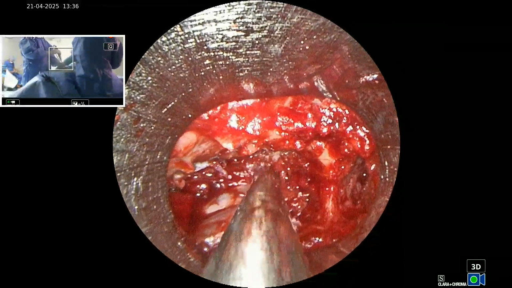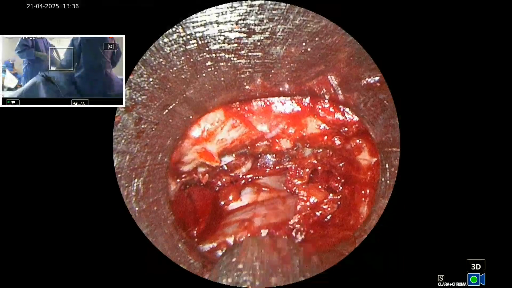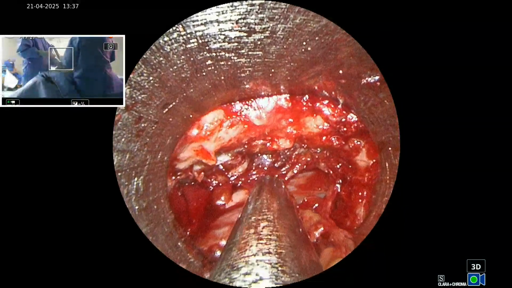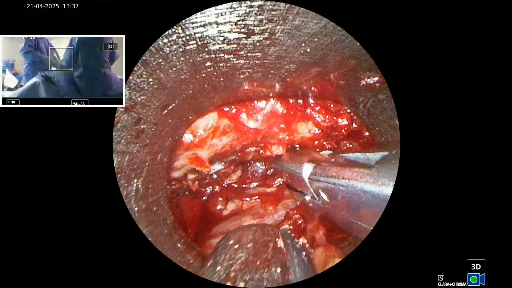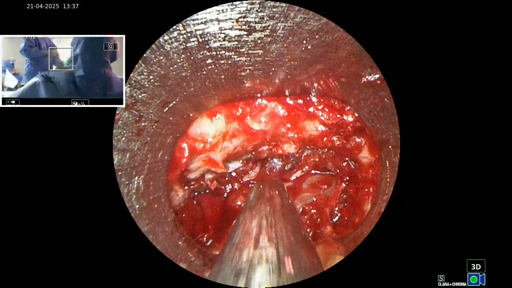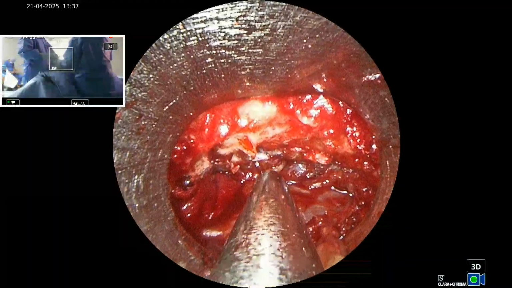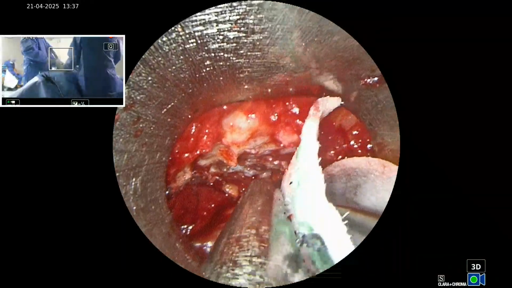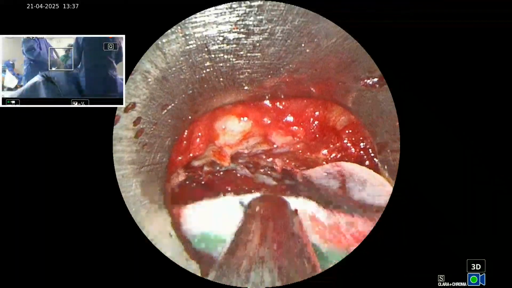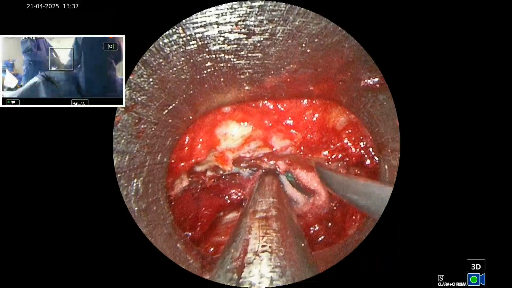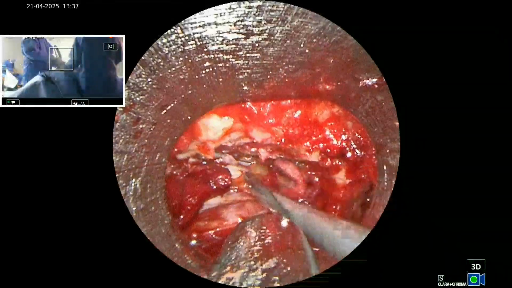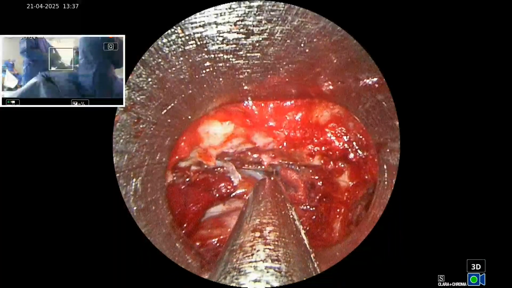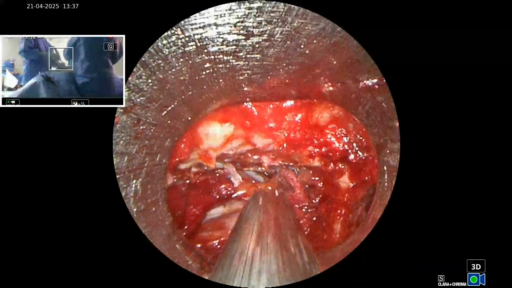Now we have seen the shoulder of the nerve root, and now we'll try to put that pettie at the shoulder of the nerve root. Yes. Now we need the 2 mm because we are not able to work due to tight canal.